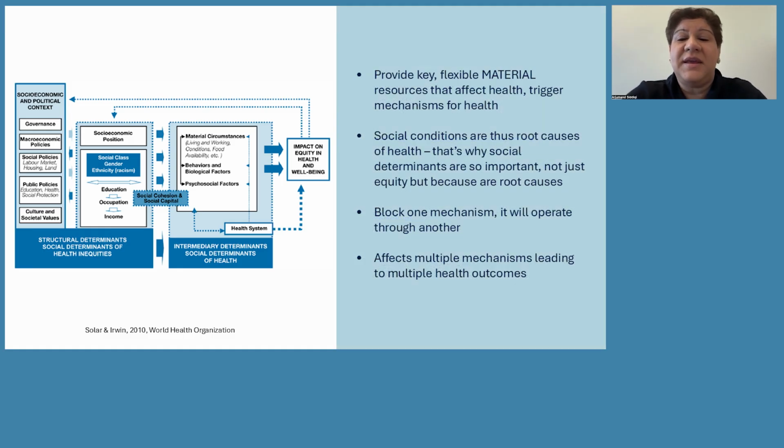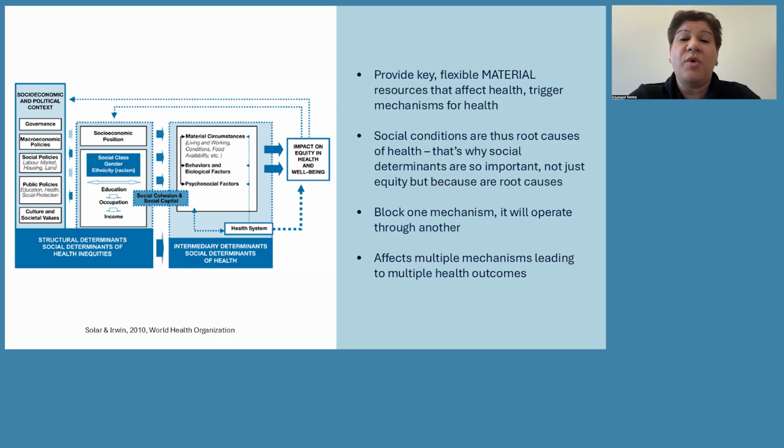And what they mean is that social conditions, again, those factors that are sort of more upstream on the left, provide flexible material resources that affect health and trigger mechanisms for health. So they provide income, they provide housing, they provide food, they provide all sorts of things that you can decide what you need and what you want to do with at any particular time.